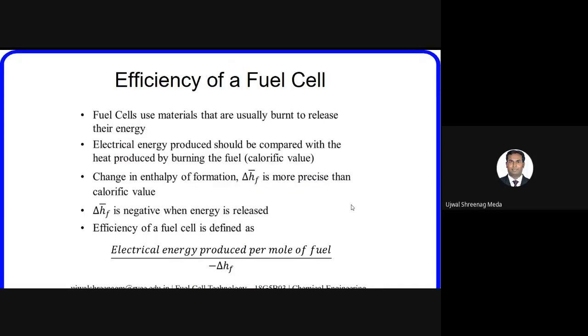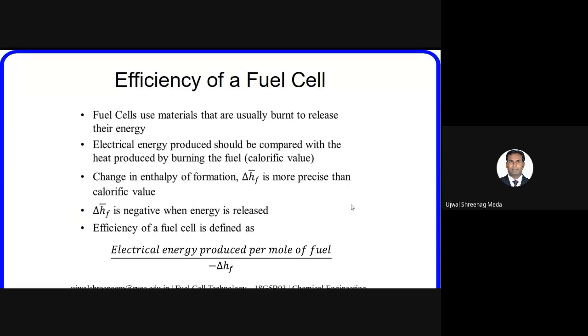Okay, so to start with, let's start with the efficiency. And if you remember in unit 1, we briefly discussed how the efficiency of a fuel cell can be calculated. So what is happening in the fuel cell? We supply reactants that are fuel and oxidant. Fuel is supplied at anode, oxidant is supplied at cathode.